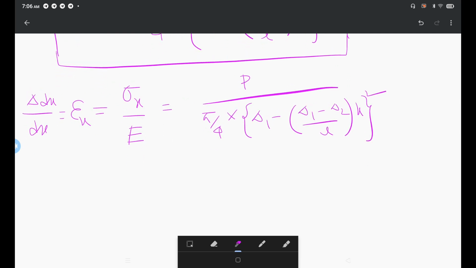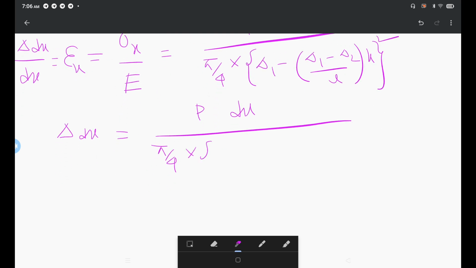So our elongation in the elemental strip, del dx, will be P dx by pi by 4 into (d1 minus (d1 minus d2) upon L times x) whole square.